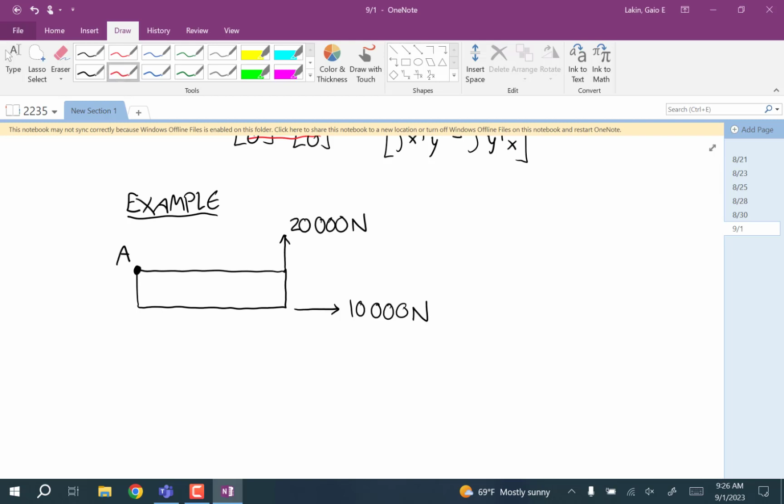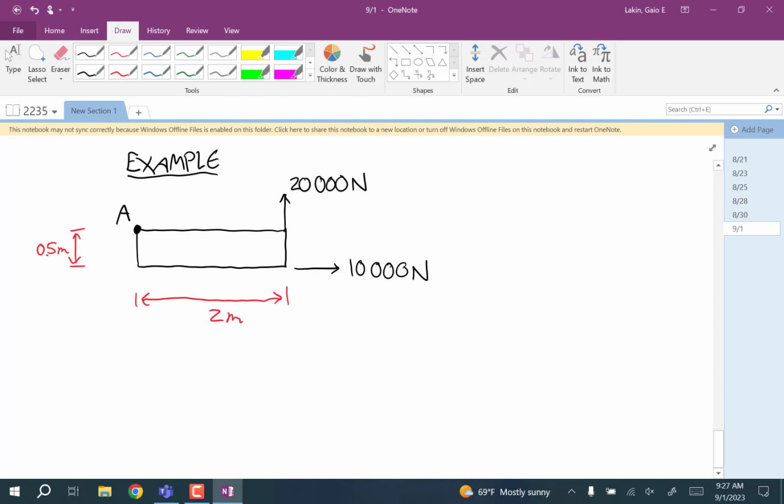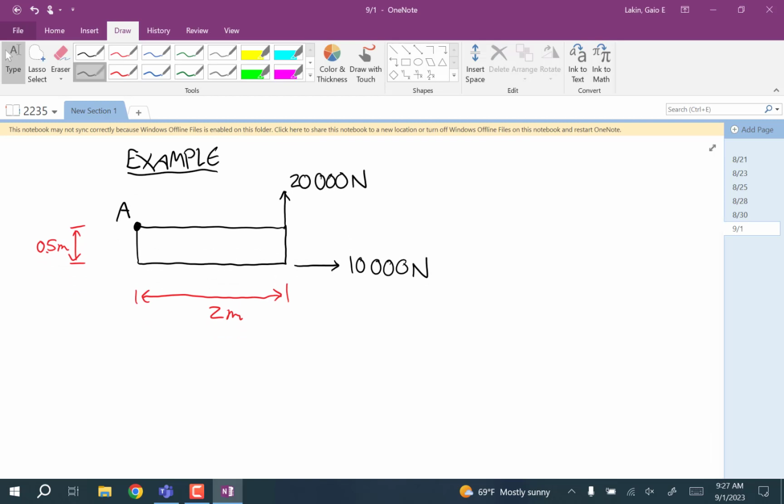For dimensions, let's say this is 0.5 meters and this is 2 meters. Calculate the net moment about A.